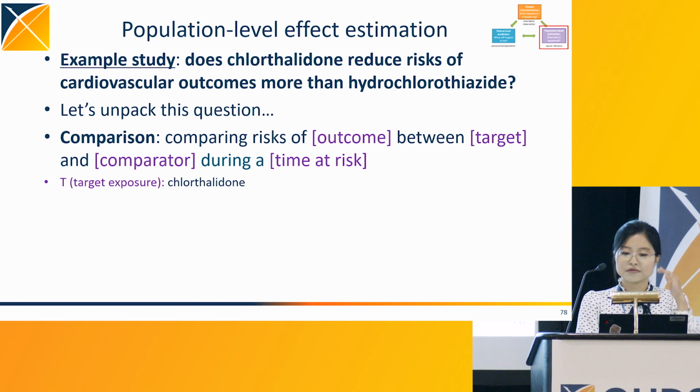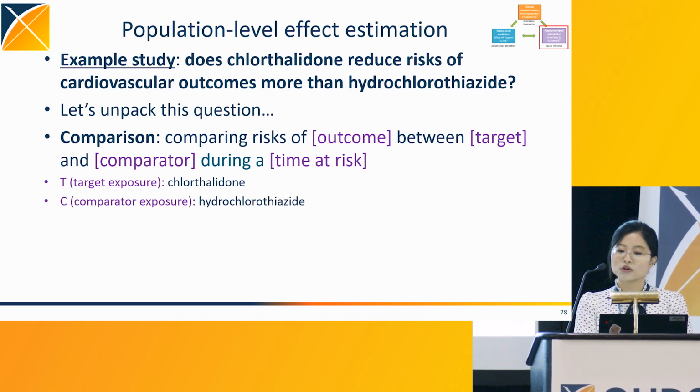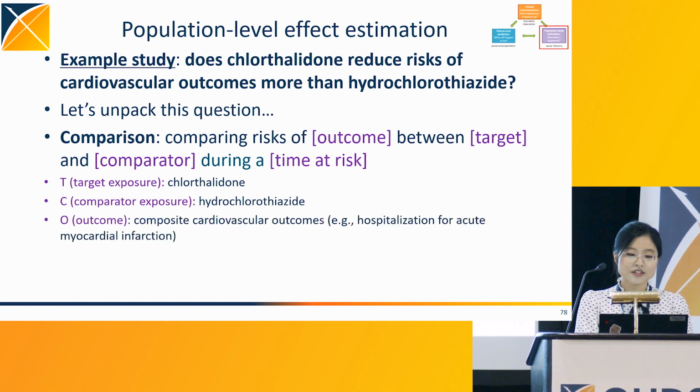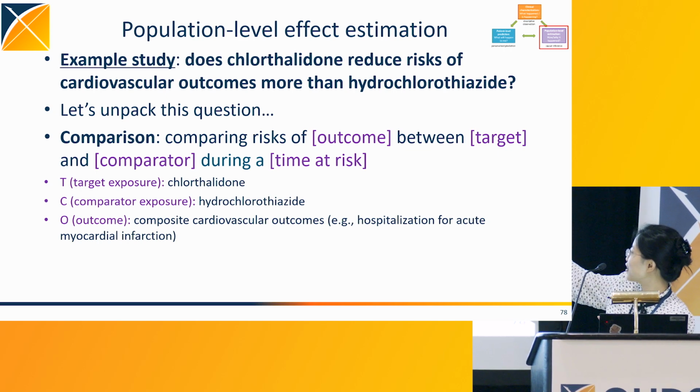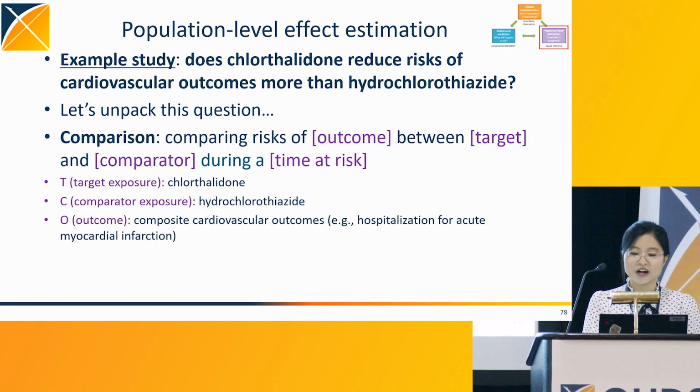So if we write down all the details in this little list, the target exposure is chlorthalidone, the comparator exposure is hydrochlorothiazide, and the outcome is, actually there are more than one outcome, but one of the outcomes is a composite cardiovascular outcome. This includes acute MI, hospitalization for heart failure, and also a stroke.